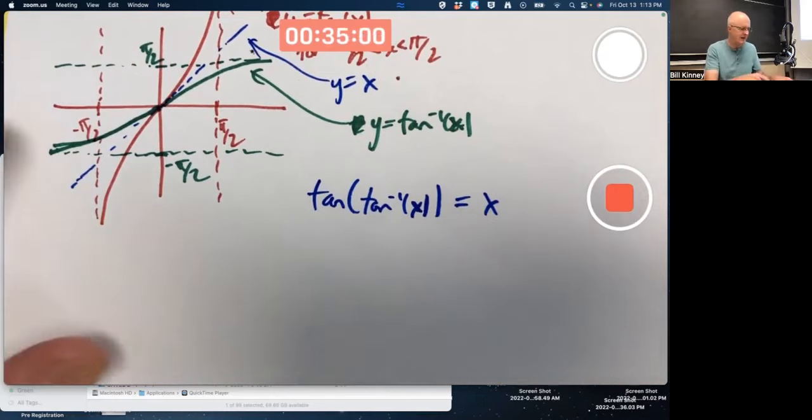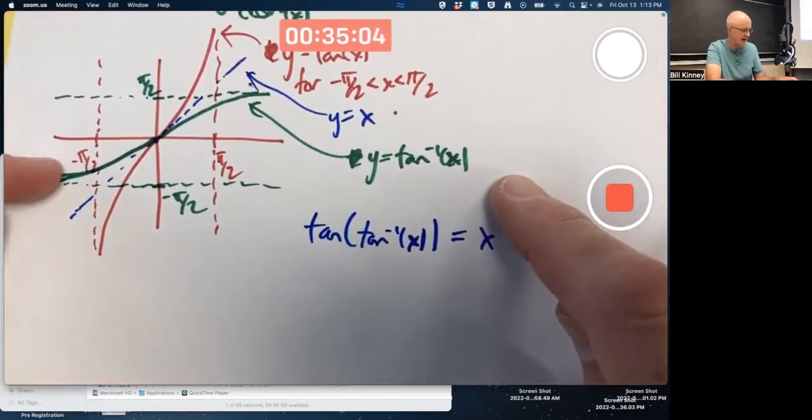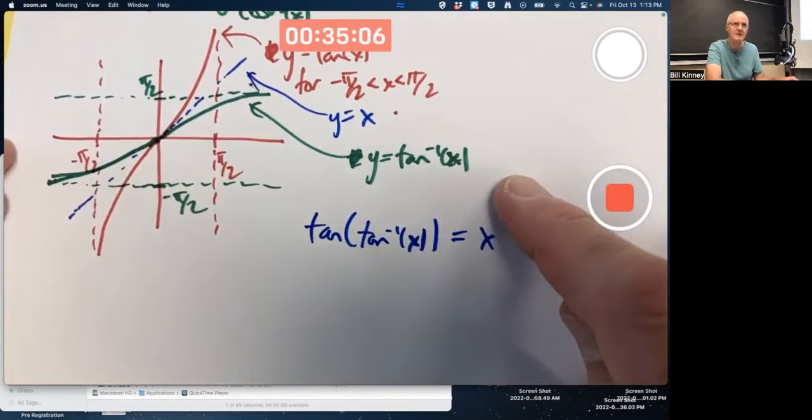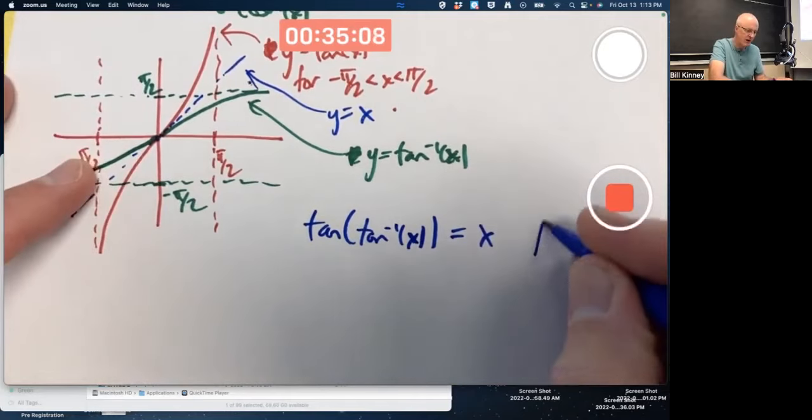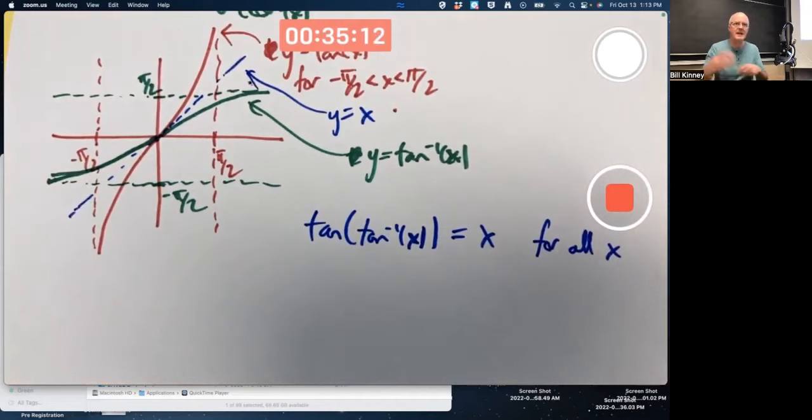But wait a minute, the domain of inverse tangent is actually all real numbers. This green graph is defined for all x values. This is true for all x. x doesn't have to be between, like, negative 1 and 1, like with inverse sine and inverse cosine. It can be anything. You can plug any number into inverse tangent in your calculator.